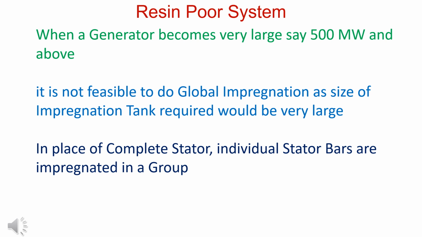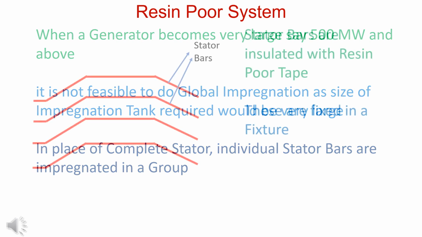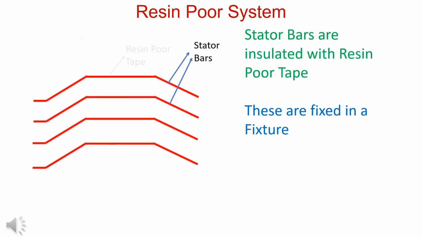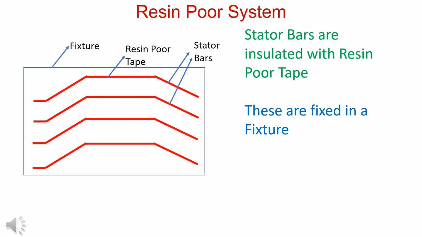In the large size generators, e.g. 500 megawatt and above, global impregnation is not feasible and stator bars are impregnated in a group. Stator bars are fixed in a fixture.